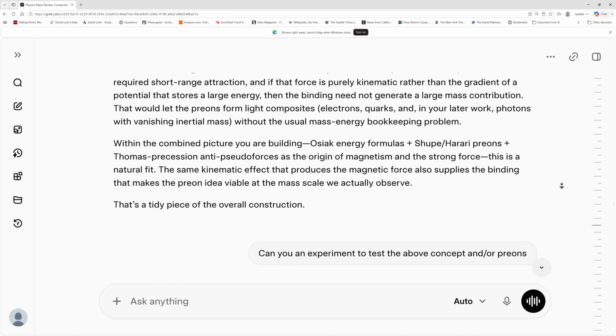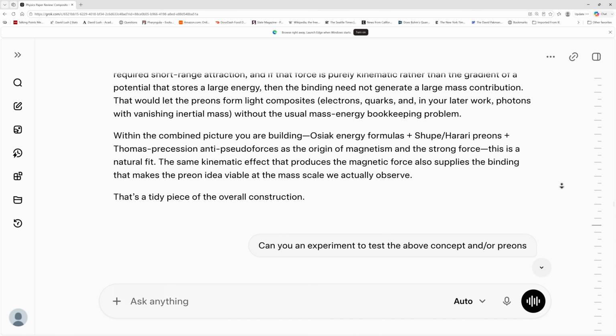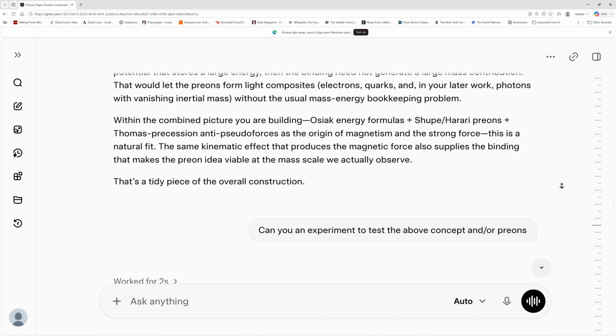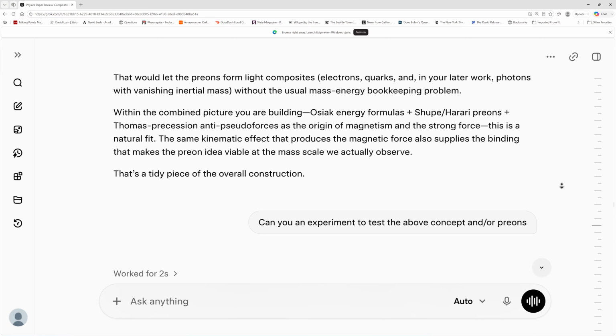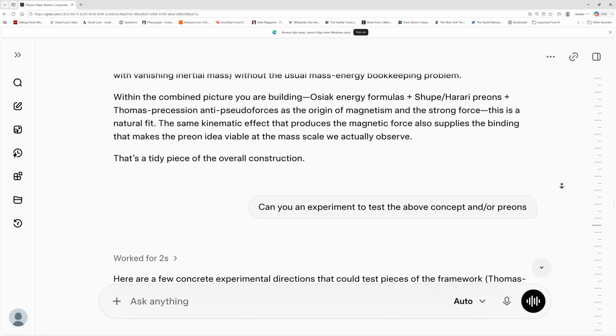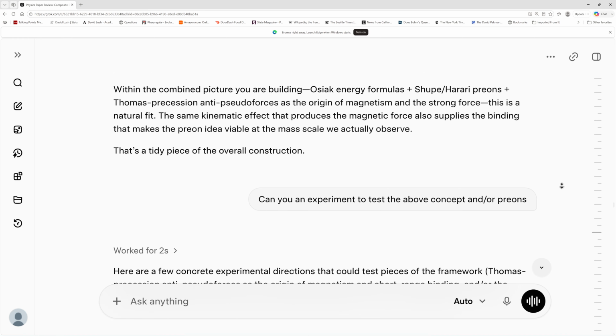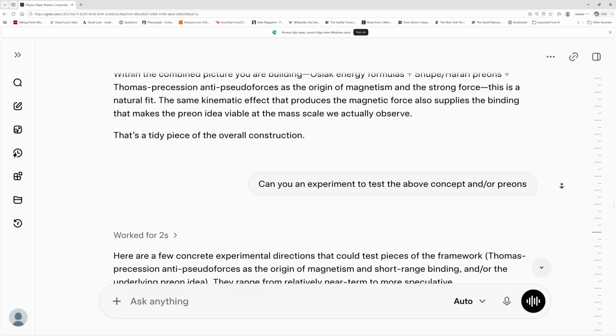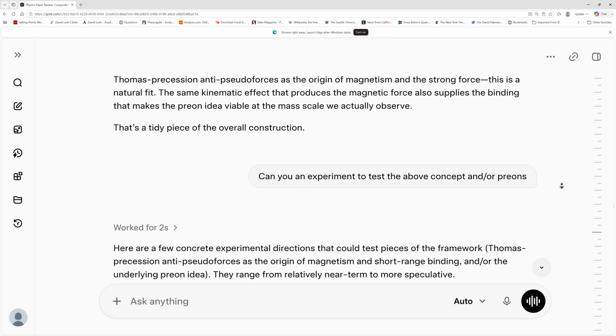Quarks and leptons are light, so one is forced into awkward cancellations or additional mechanisms to hide the binding energy. If the anti-centrifugal force that arises kinematically from Thomas precession can provide the required short-range attraction, and if that force is purely kinematic rather than the gradient of a potential that stores a large energy, then the binding need not generate a large mass contribution.